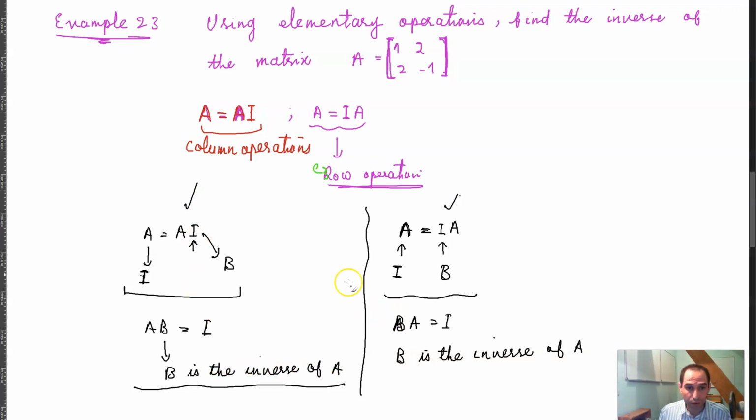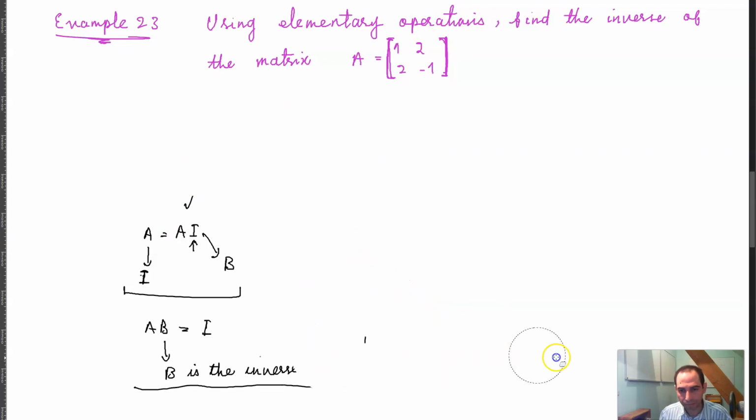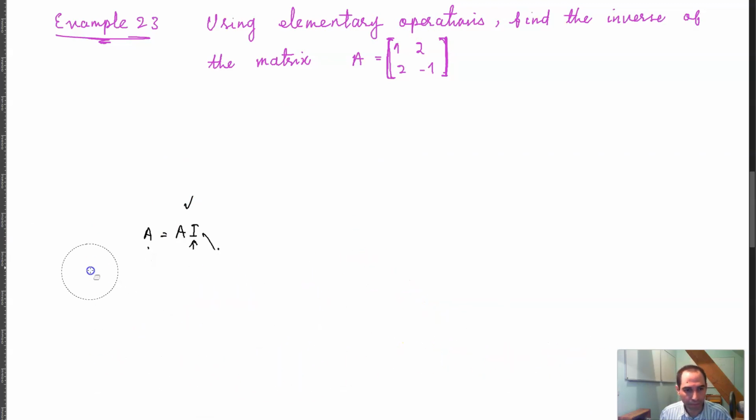Now let's do this in the case of this matrix over here. The matrix that I have is A is equal to 1, 2, 2, negative 1.